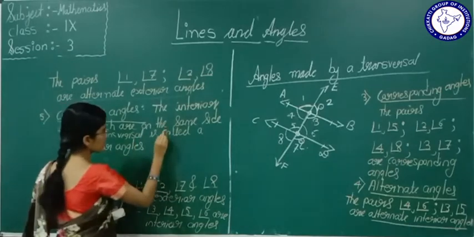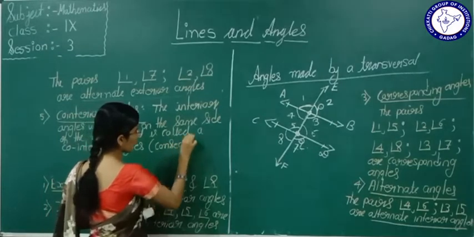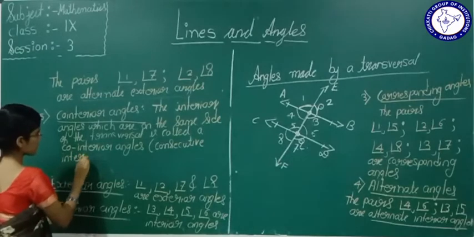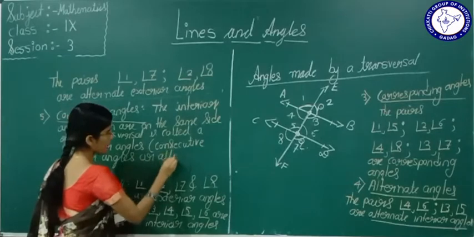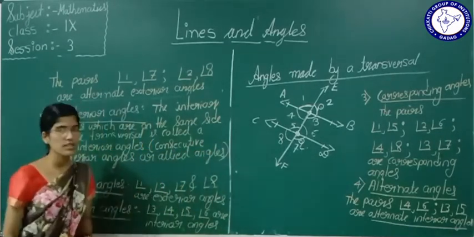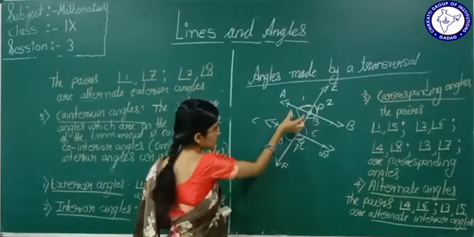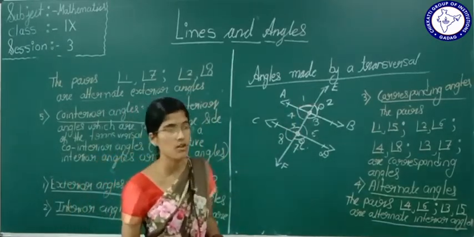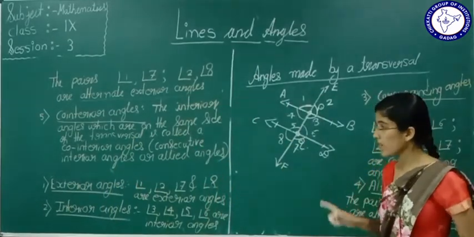Okay. Now see here, one more name is consecutive interior angles, or we can tell allied angles. All are same. What is co-interior angle? The interior angles on the same side of the transversal are called co-interior angles, or consecutive interior angles, or one more name is allied angles.